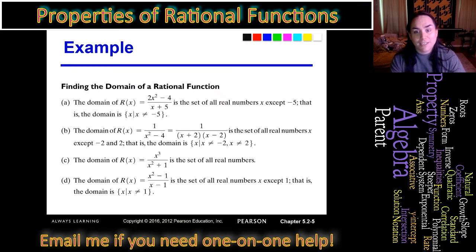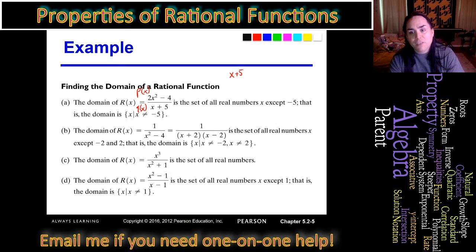Let's go ahead and take a look at an example. So in this function, r of x equals 2x squared minus 4 over x plus 5. Well, the numerator is my p of x, and the denominator is the q of x. So what value of x would make the denominator 0?